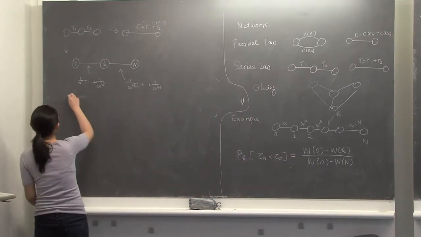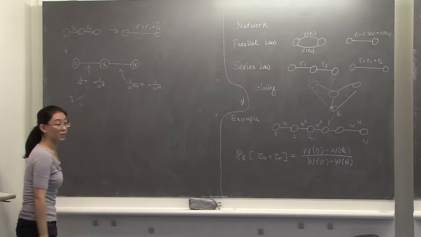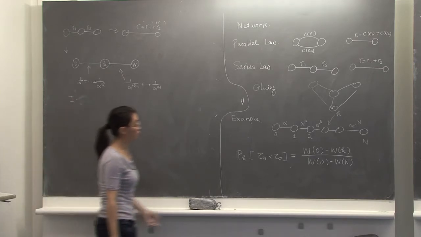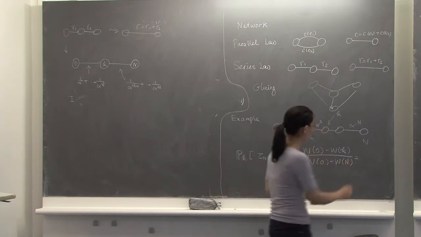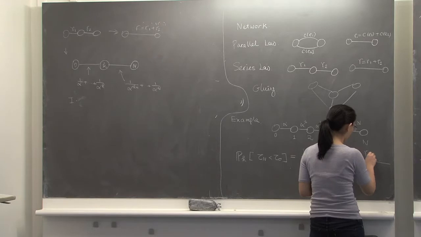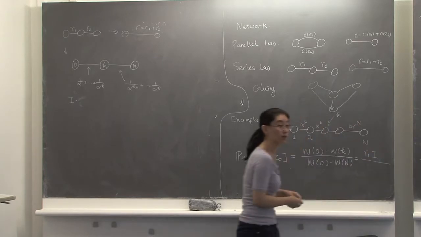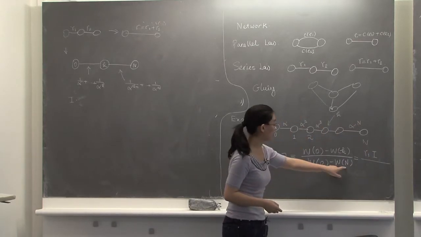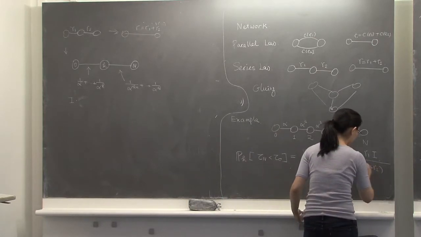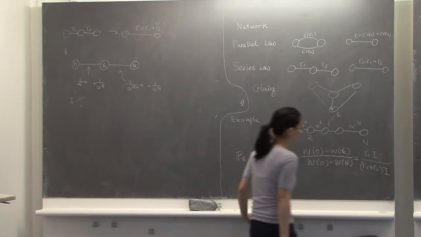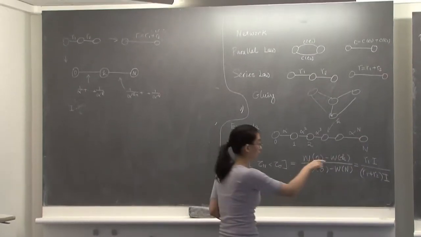Now for this network, suppose I is the current flow. Then W0 minus Wk equals the resistance R1 times the current flow, and W0 minus Wn equals the resistance R2 times the current flow.